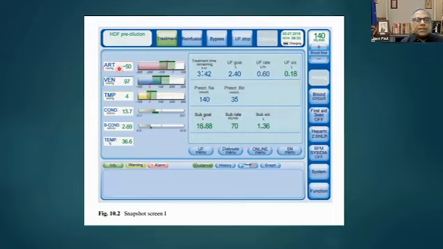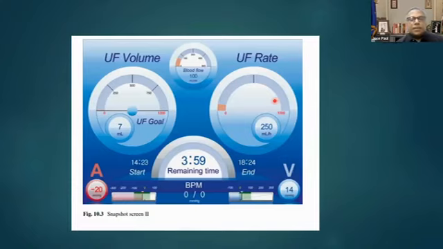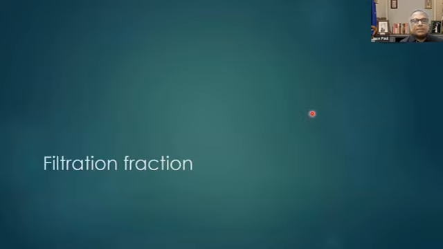Now, these monitors measure the arterial line pressure, venous pressure, transmembrane pressure, conductivity, the bicarbonate conductivity as well as the temperature. Everything is monitored here. And online heparin flow is also monitored. There are monitors which detect the ultrafiltration volume, the ultrafiltration rate, and the time, the modalities of dialysis. Everything is monitored in this procedure.